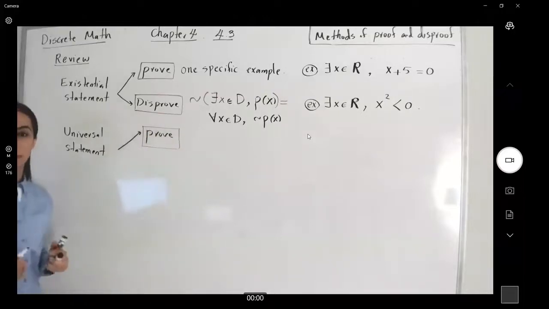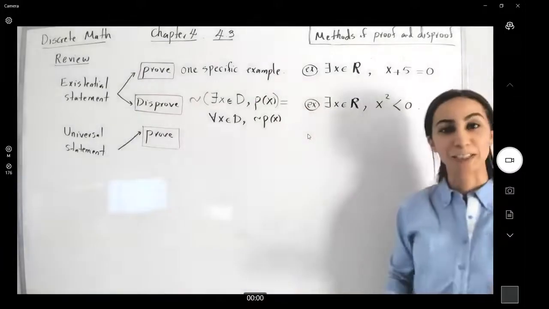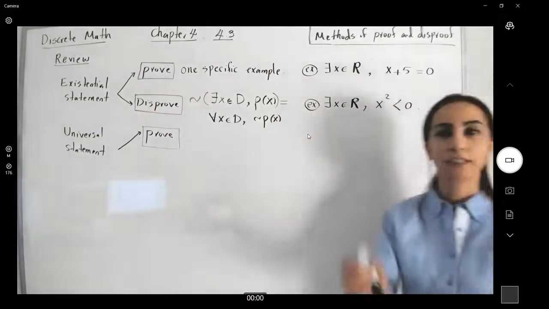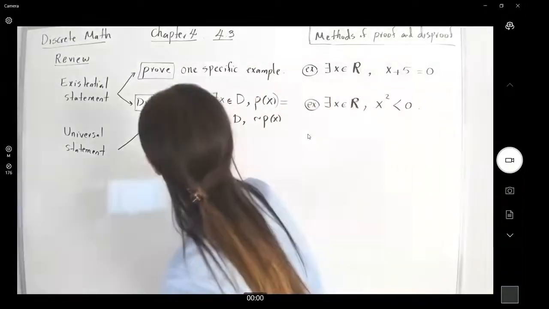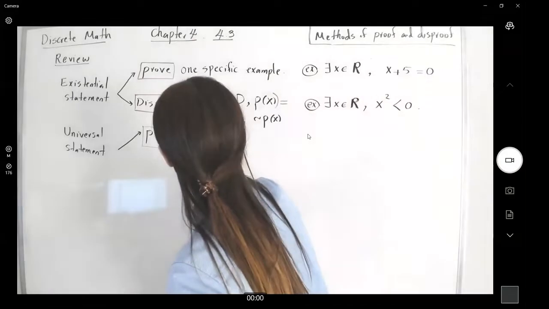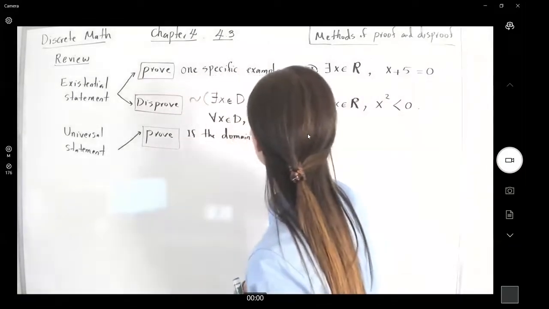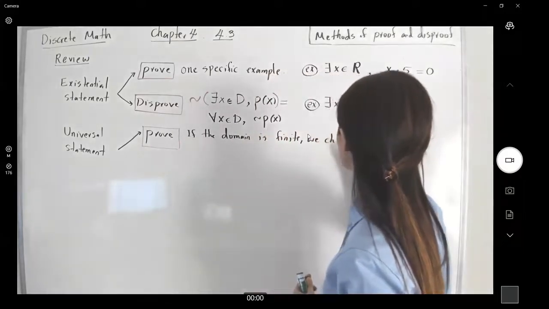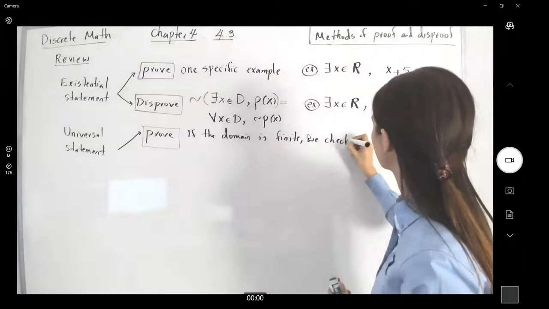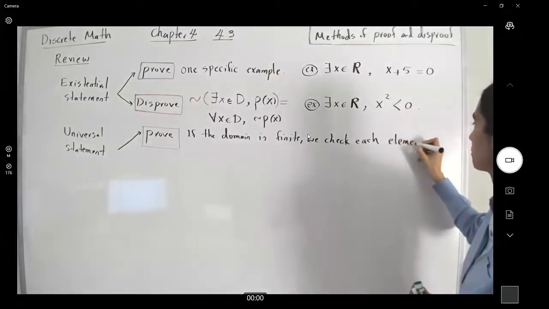If the domain is finite, we use the method of exhaustion by checking each element, each member in the domain.